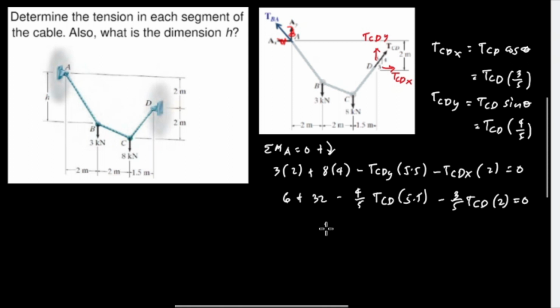Simplify: 5.6 TCD is equal to 38, and the tension at CD is equal to 6.79 kilonewton.